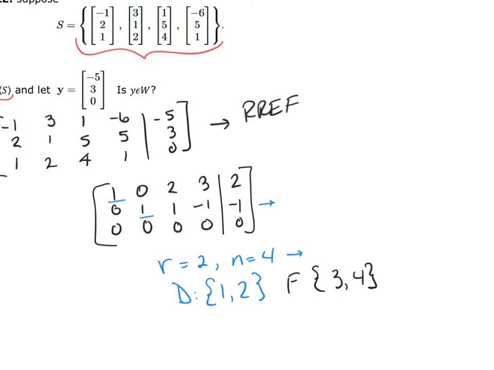So what I end up with in this first row is alpha sub 2 plus alpha sub 3 minus alpha sub 4 is equal to negative 1. This one gives me alpha sub 1 plus alpha sub 3 plus 3 alpha sub 4 is equal to 2.